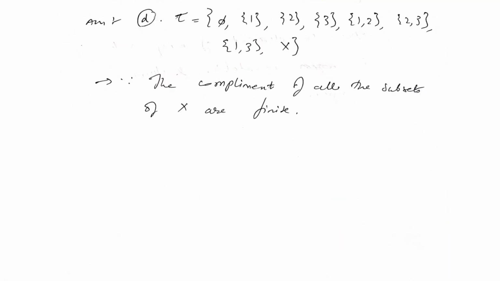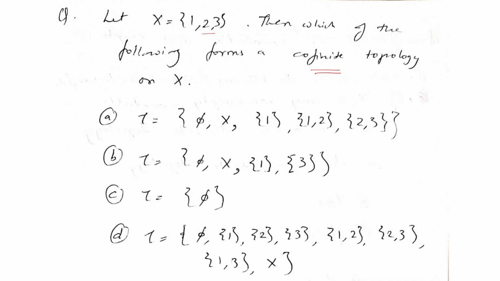So yes, the correct answer is D. The complements of all the subsets of X are finite here. Here if you see option D, it is a discrete topology. Fine. So obviously, as X is finite and this is a discrete topology, all the complements will automatically be finite, right? So this satisfies being a cofinite topology on X.